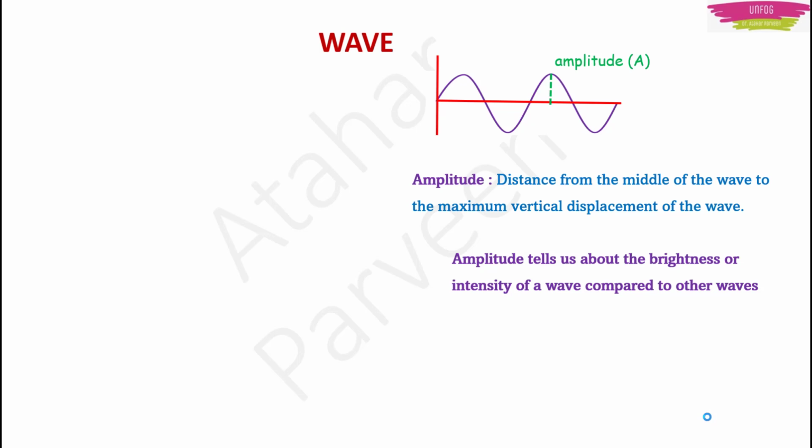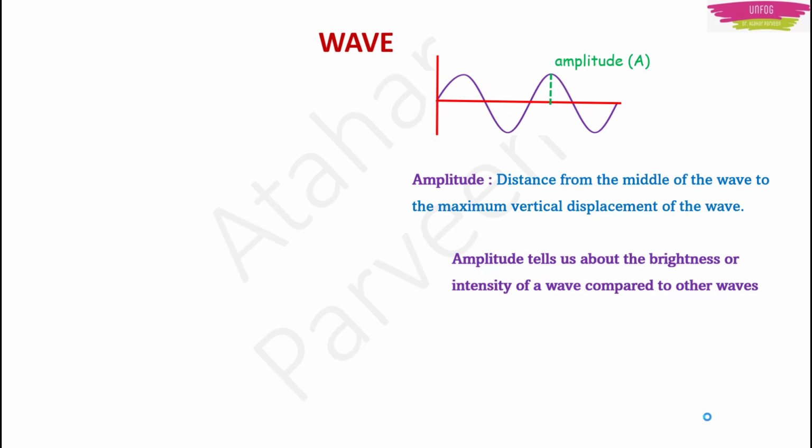If a wave has more amplitude, it means it has more brightness or more energy. If a wave has less amplitude, then it has less brightness, less intensity or less energy. So you can give the character of a wave when you know the amplitude. The symbol for amplitude is A, and because we are talking about distance, the unit will be meter only.